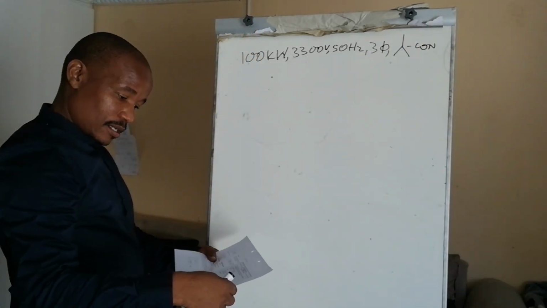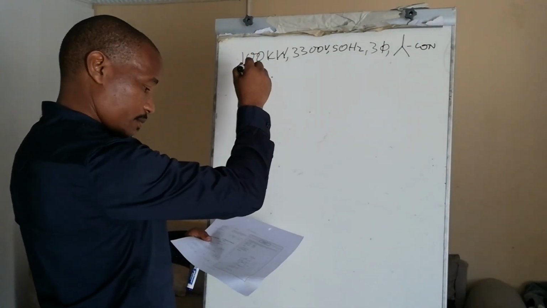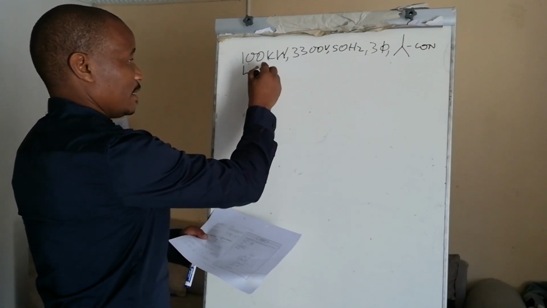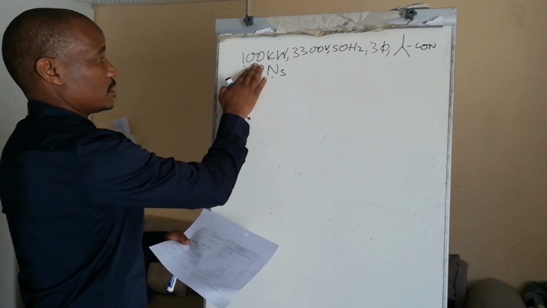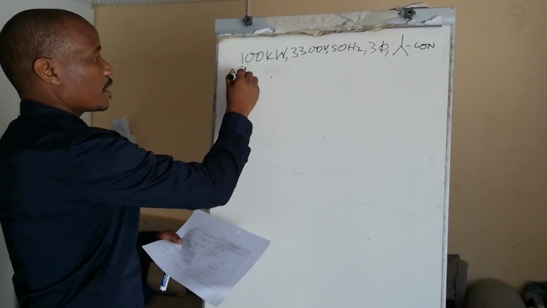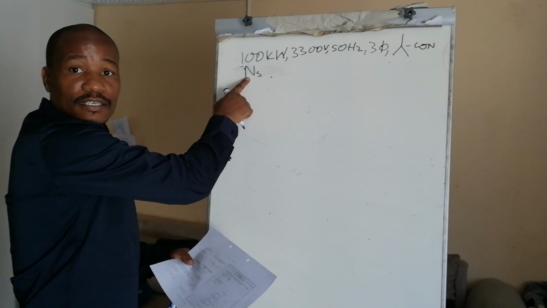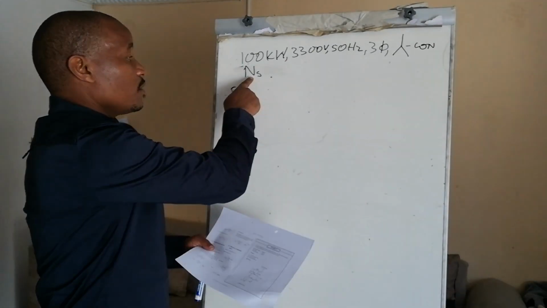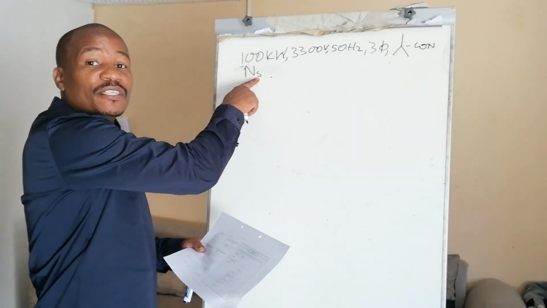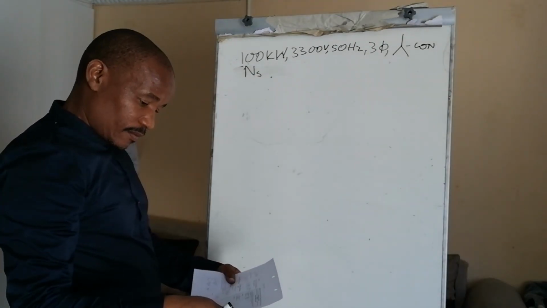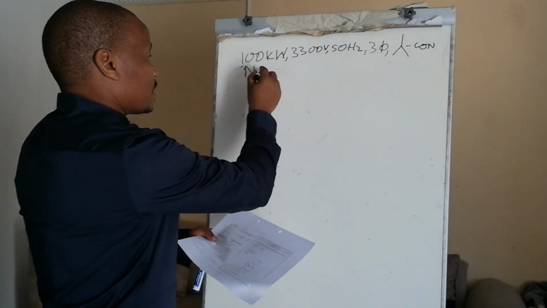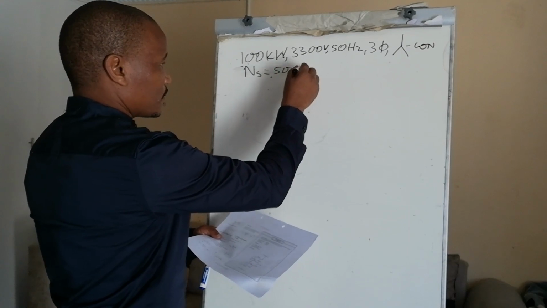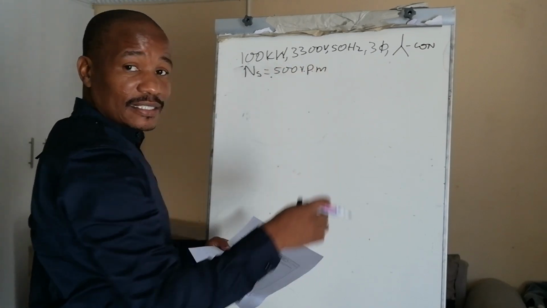Star-connected induction motor. An induction motor has a synchronous speed, NS. This is an abbreviation for synchronous speed. If it was NR, it would have been the rotor speed. It has a synchronous speed of 500 revs per minute.